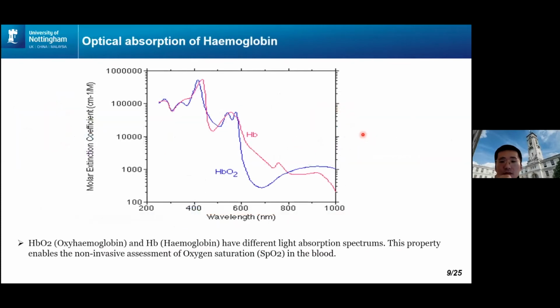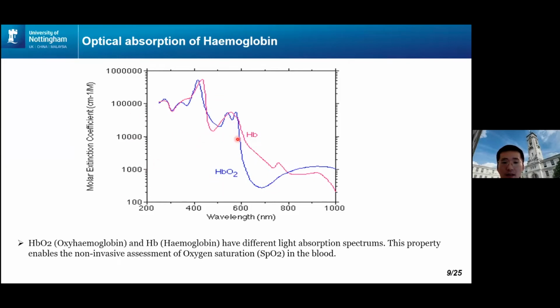Now let's go to the hemoglobin. This picture shows the optic absorption of the hemoglobin. Due to the difference in oxygen content, the oxyhemoglobin and the deoxyhemoglobin have different optic absorption spectra, as the figure shows.